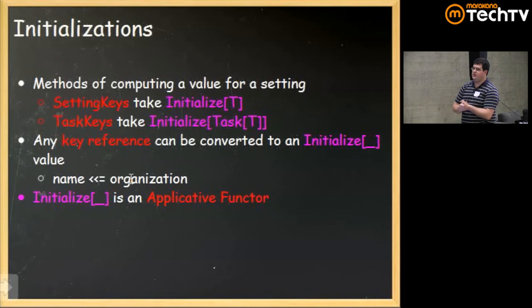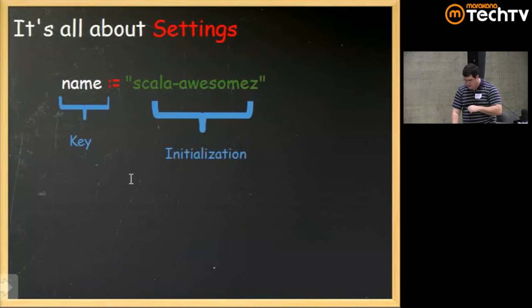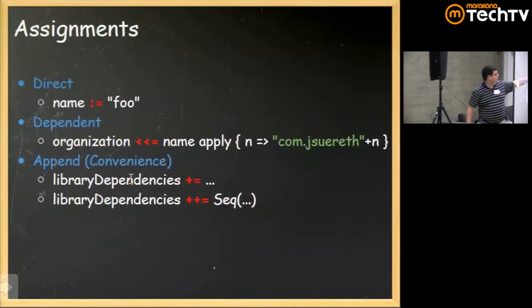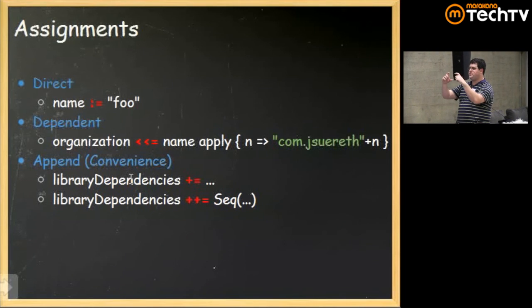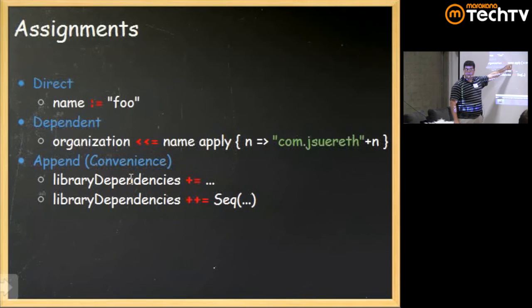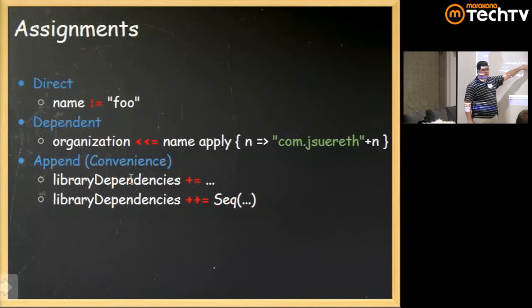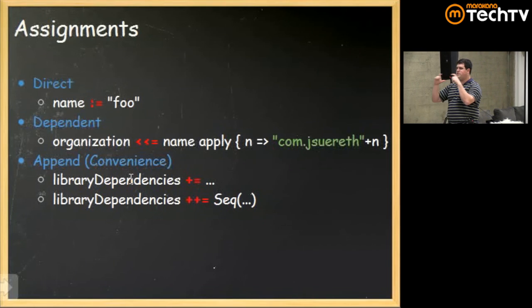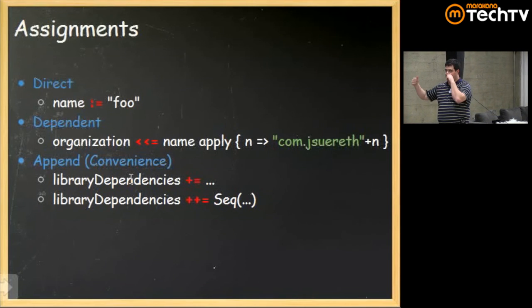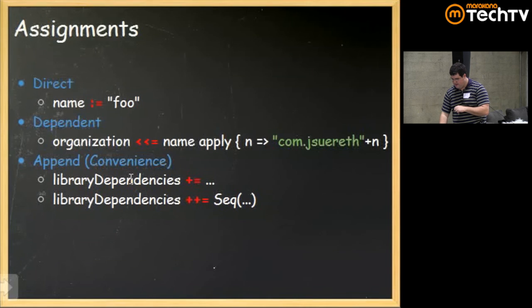Initialize is an applicative functor. We'll go into those a little bit. But if you notice in this code we've been showing, there's an apply method on here. Apply is from Initialize. Apply allows you to take an Initialize of a certain type and transform it using a function. So name becomes an Initialize of String, right? So I have something that will give me a string, and I am transforming it by a function into something else. You can think of Initialize as a pseudo collection of one thing, right? And I have all of my apply, map, those sort of methods on it.